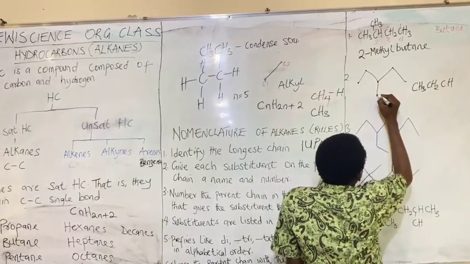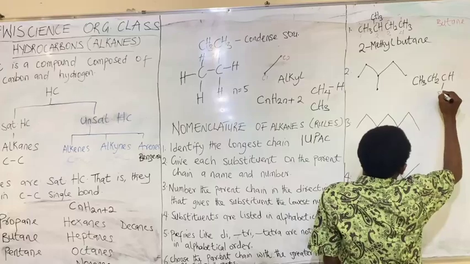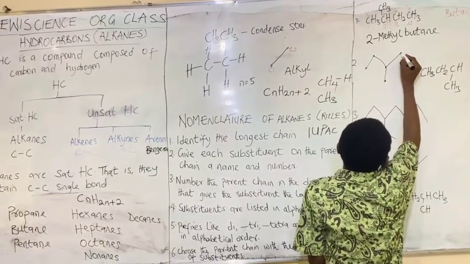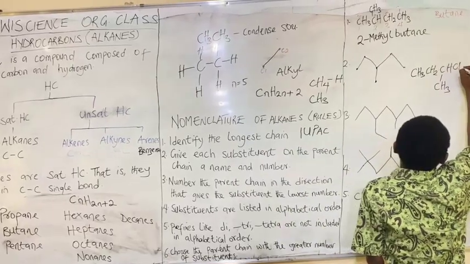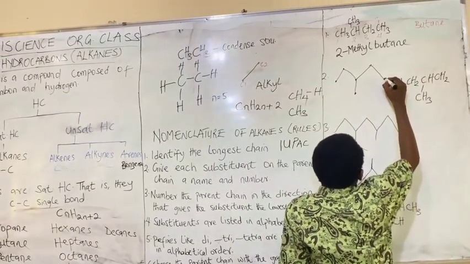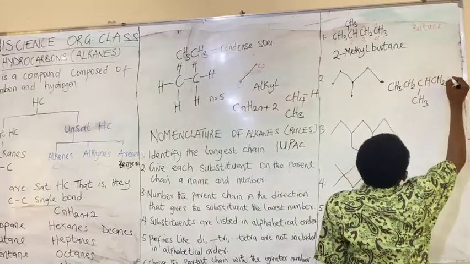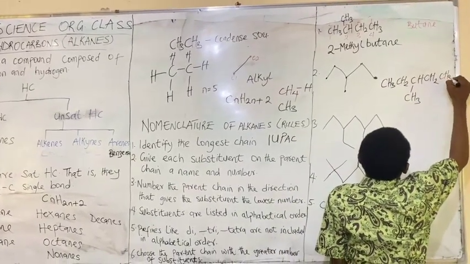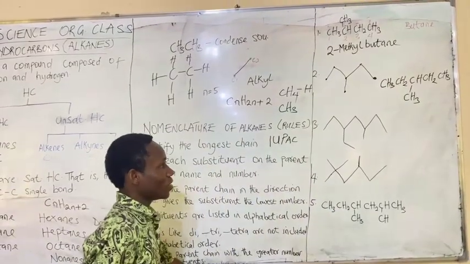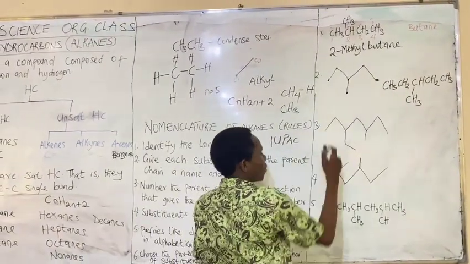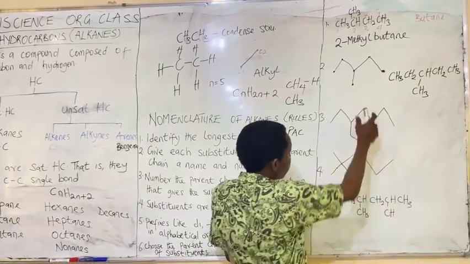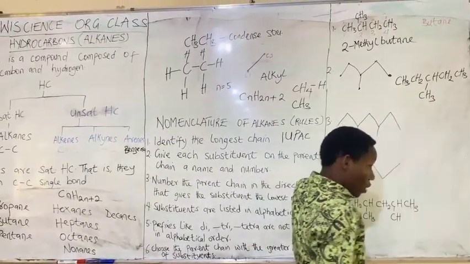This is another CH3. Then the next one is CH2. And the last carbon should have 3 hydrogens: CH3. So whenever you see a skeletal structure like this, don't be afraid. It's the same thing. This and this, they are the same.